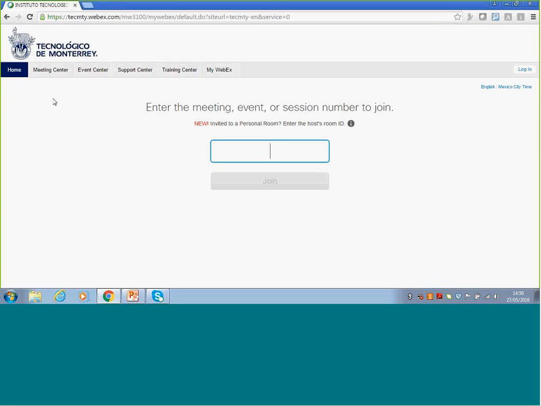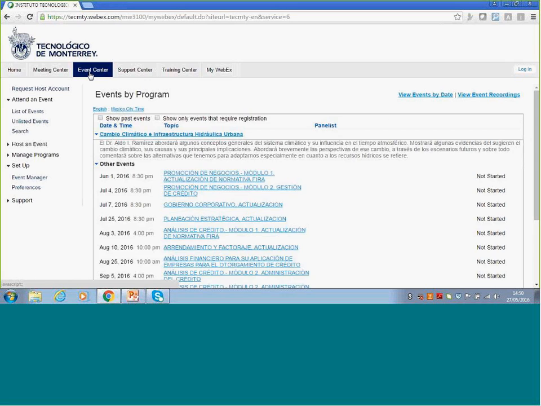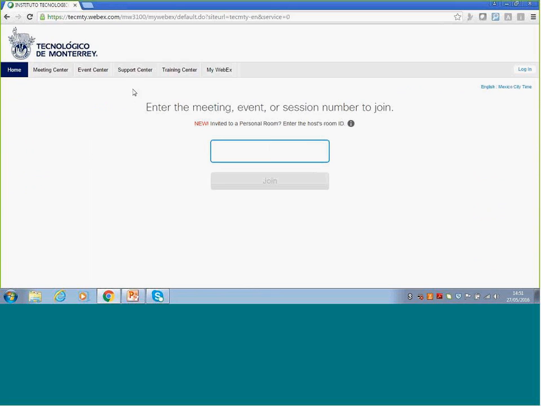But can you screen now? Yes. Is that the one or meeting center? With the escape key, you exit the screen mode. So again, with the escape key, you can exit the share screen mode.